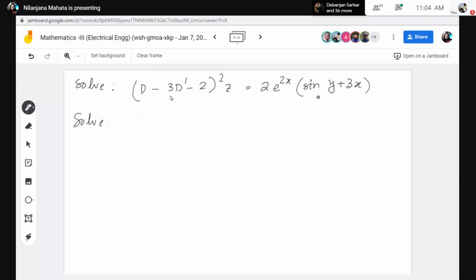You have to apply the form for sine. I should have written this as this.